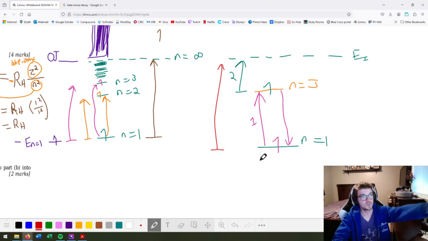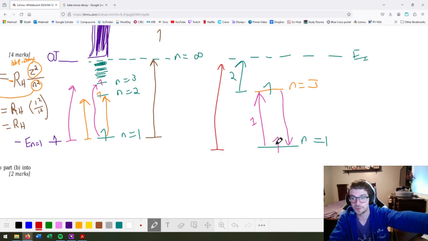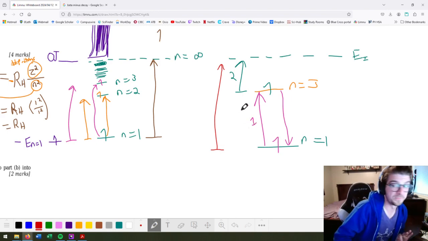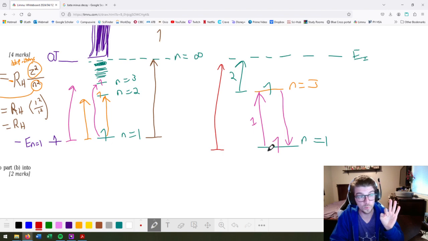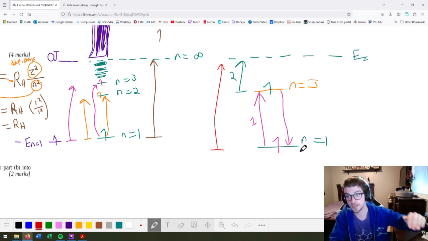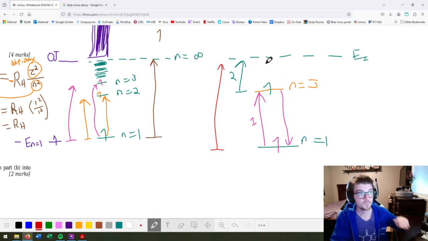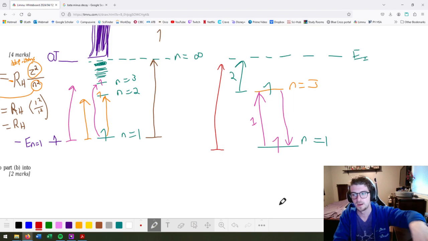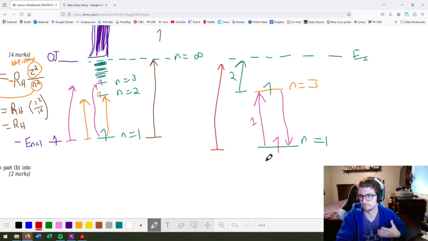Okay, so source one. I don't know why I'm physically pointing at the screen. That doesn't do any good. You can't see that. Source one will excite an electron from the ground state to the third energy level, n equals 3. And that's all it will do. It'll go up, it'll come back, and it'll just go back and forth forever.